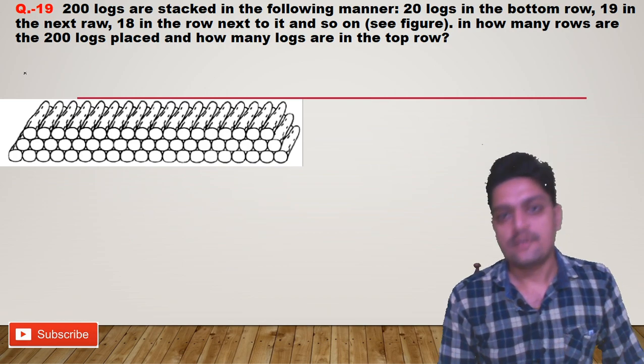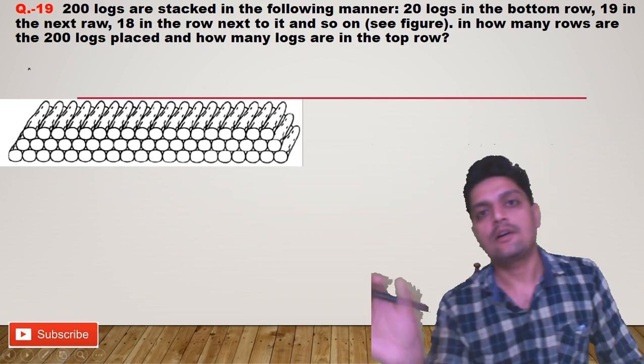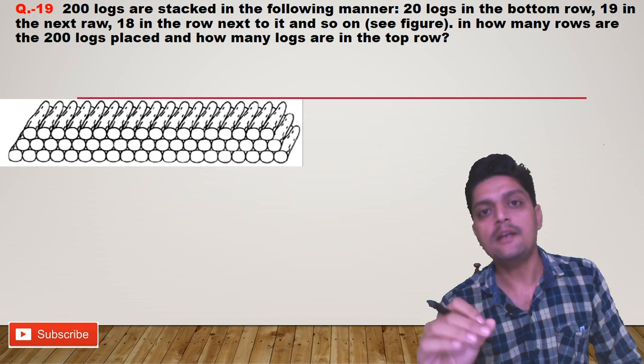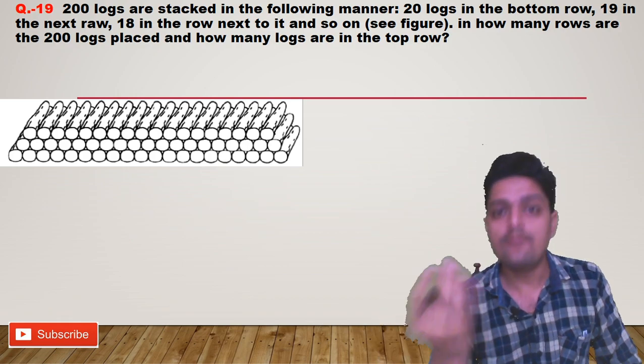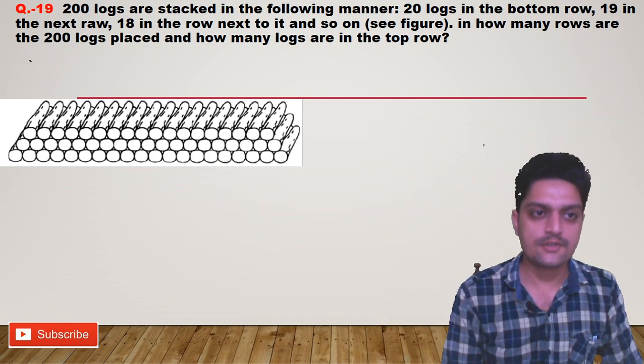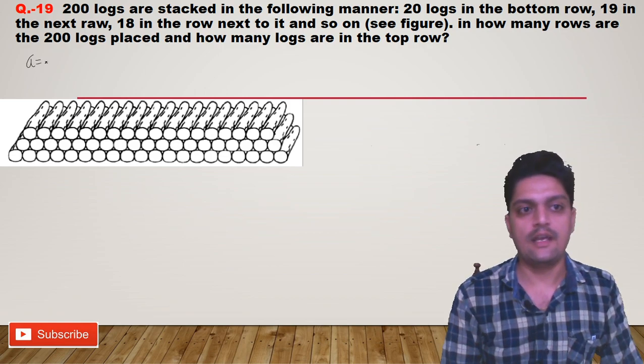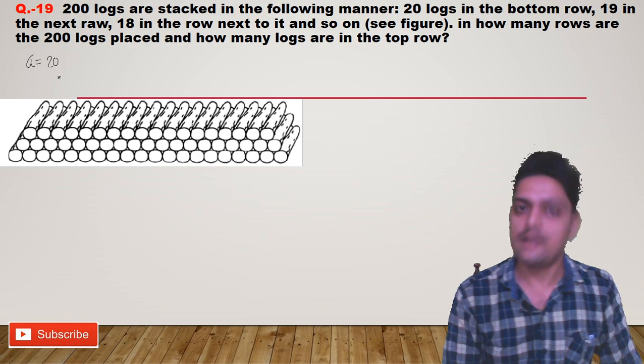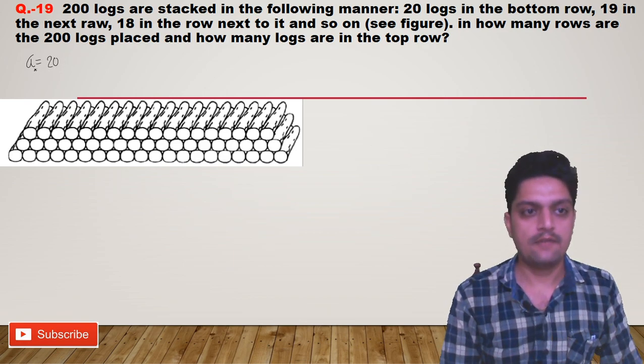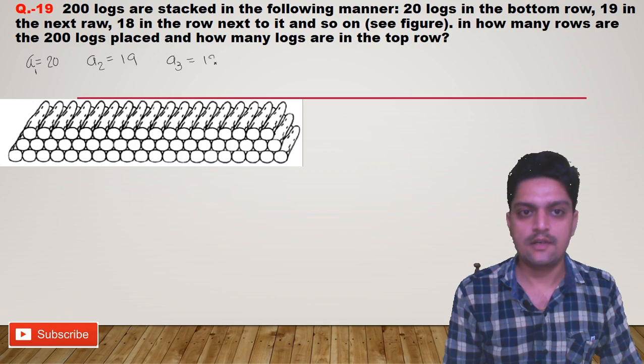So here our first term, because we have to consider all these logs in the manner of terms. So our first term is A. A is equal to 20, A1 you can consider, then A2 is equal to 19, A3 is equal to 18, and so on.